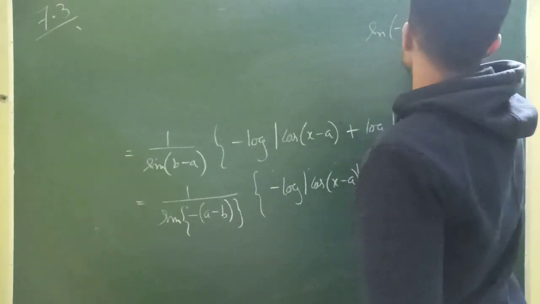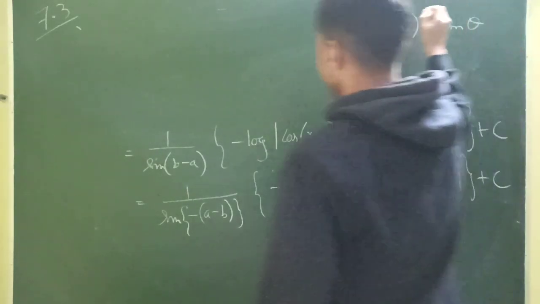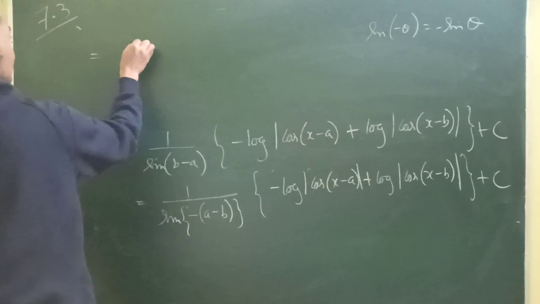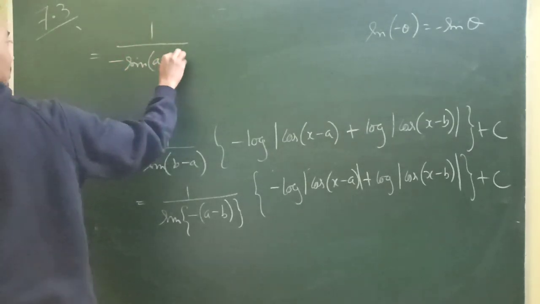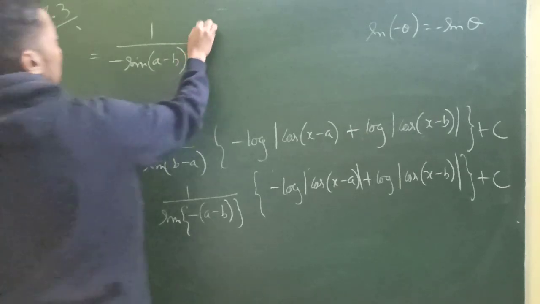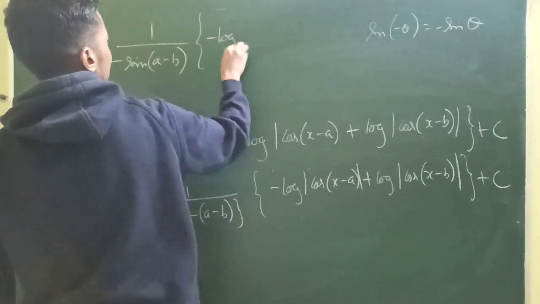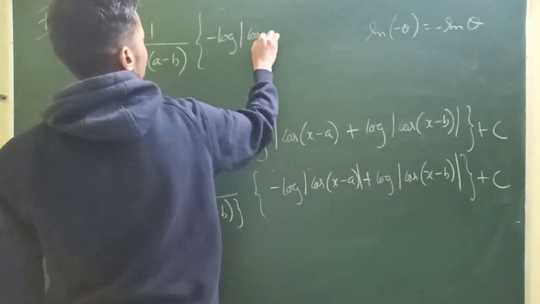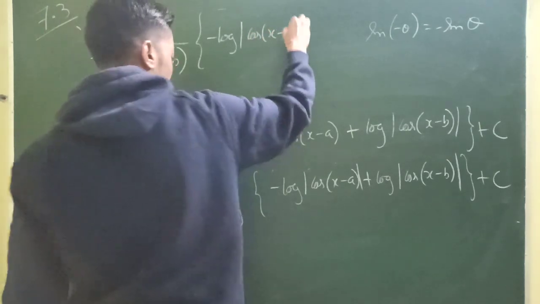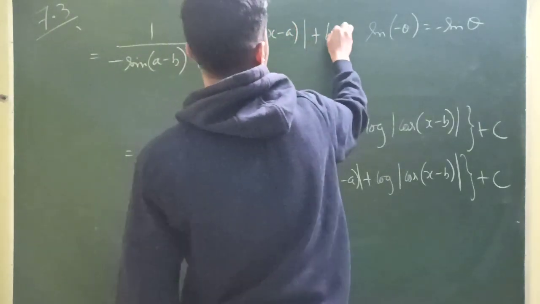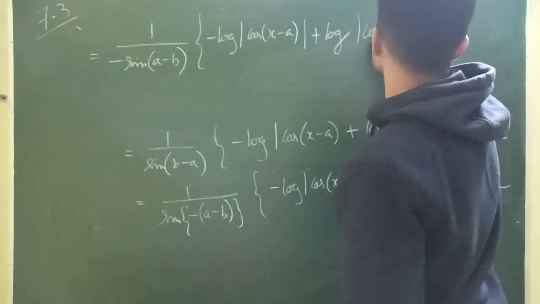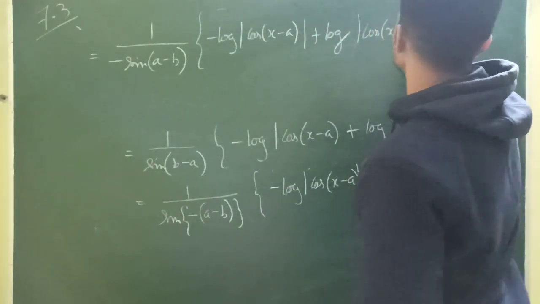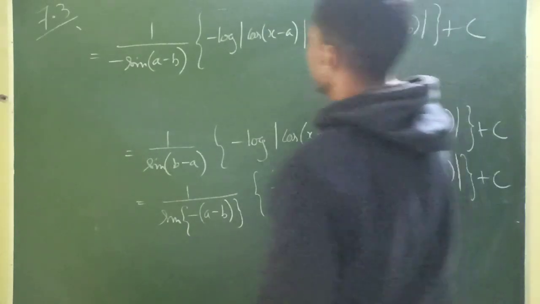Sine of minus theta, as we know, is minus sine theta. So that's going to be 1 by minus sine of (a minus b). This again minus log of cos(x minus a) plus log of, I'm wrapping this, cos(x minus b) plus c.